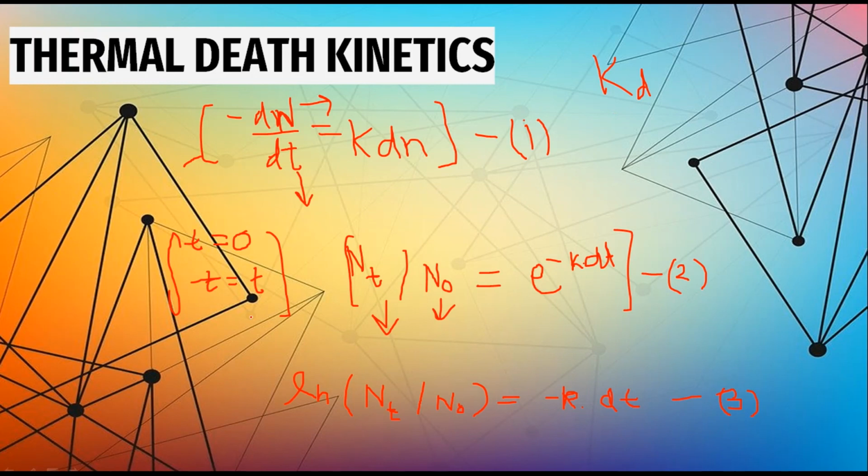Here integration is taking place, so we get this equation after integration, where N naught is the number of organisms present at the start and Nt is the number of viable organisms left after the treatment. That's why it is written as t. So this will be our final equation, ln Nt divided by N naught is equal to minus Kd t.